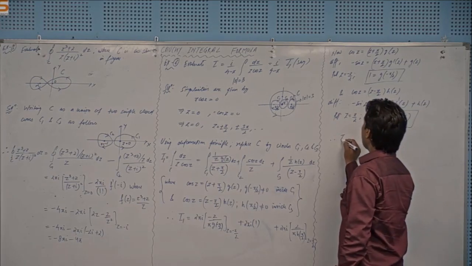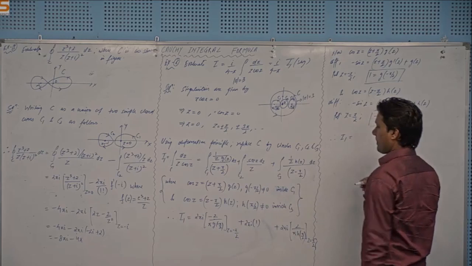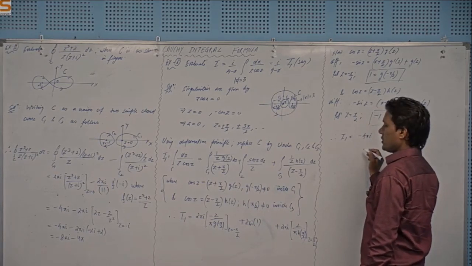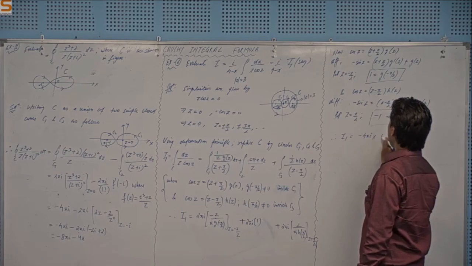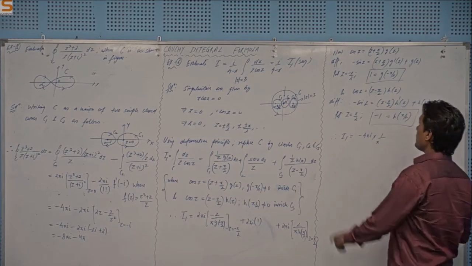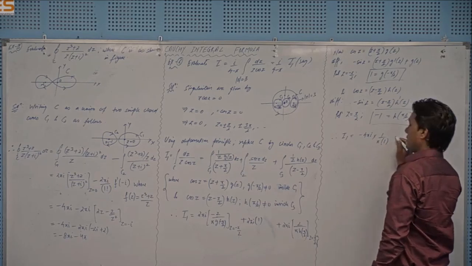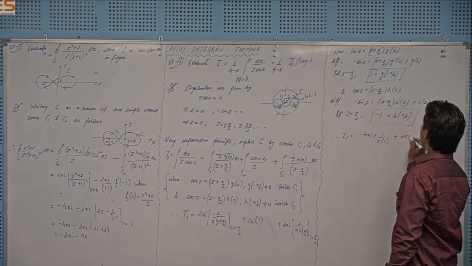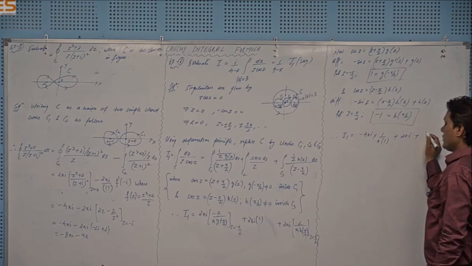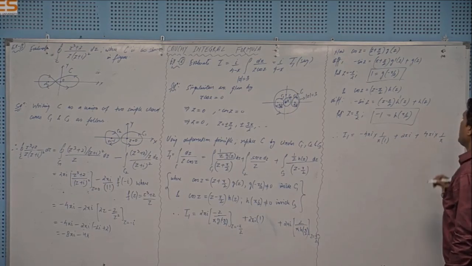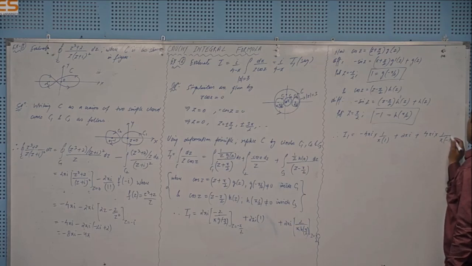Therefore I1 will be equal to minus 4 pi eta over pi, and this value g at minus pi by 2 is 1, fine, and then plus 2 pi eta, and then plus 4 pi eta over pi, and the value is minus 1.